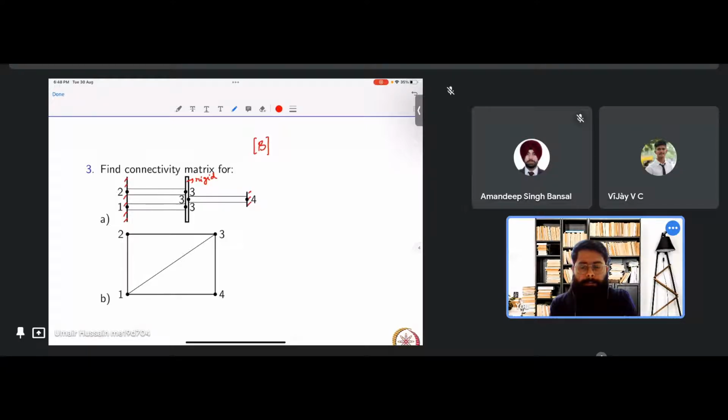I mean the size. What cross what? So how many elements? 3. So how many rows should be there? Three rows should be there, and two columns. Right.